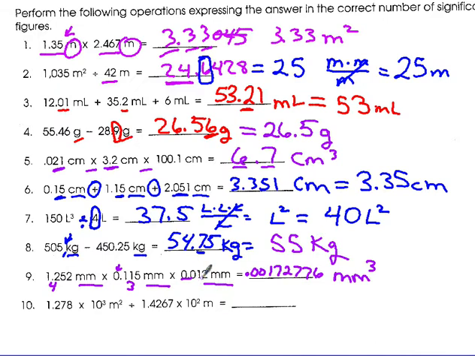Both of these are placeholders, so I only have 2 significant digits here. So guess what? I can only have 2 significant digits. So that would leave me with this number right here. The 2 tells me to leave the 7 alone. So my answer for this would be .0017, that's a 7, millimeters cubed. It looks weird, but it is a 7.